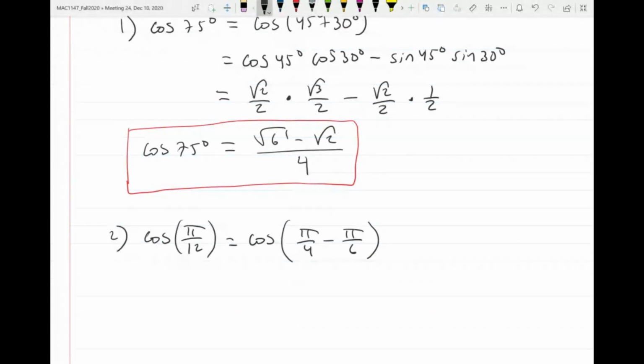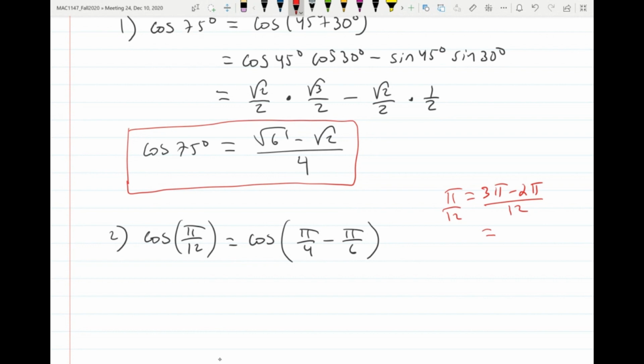Like, how can you write pi as a difference of two multiples of two numbers that are factors of 12? That's basically what you need. And then maybe if you think about it a little bit, you realize that you can write pi as 3 pi minus 2 pi. Okay. And then when you split pi over 12, it would be this over 12.